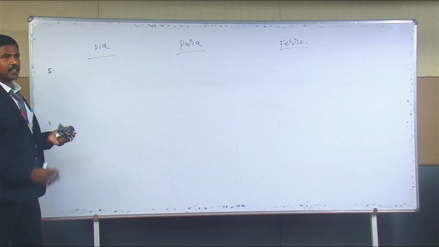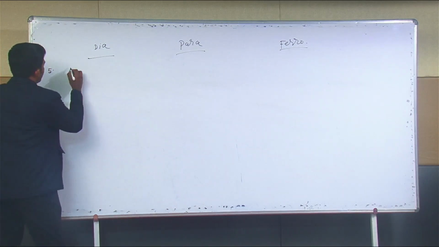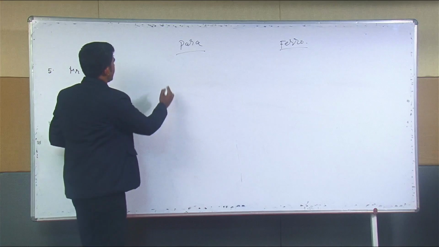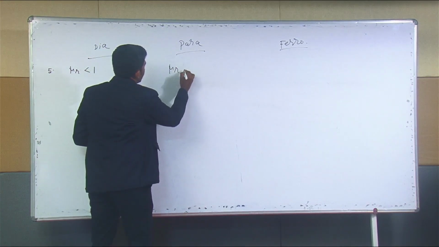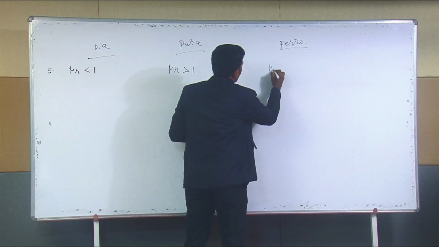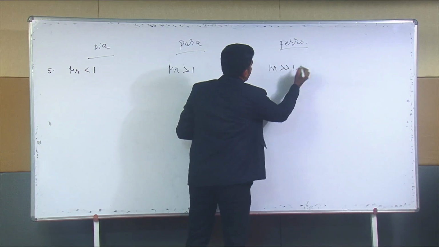If we consider the relative permeability, mu r, for diamagnetic it is less than 1, whereas in the case of paramagnetic mu r is greater than 1, and in the case of ferromagnetic mu r is much greater than 1.